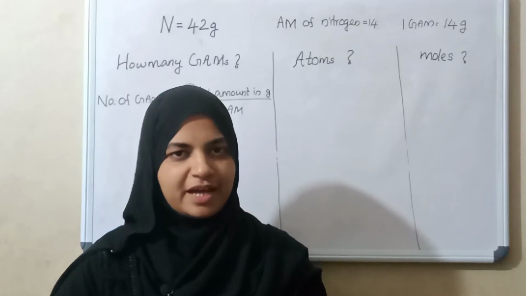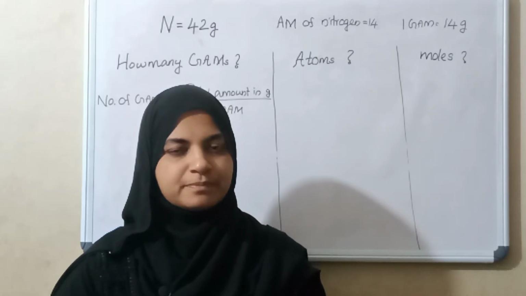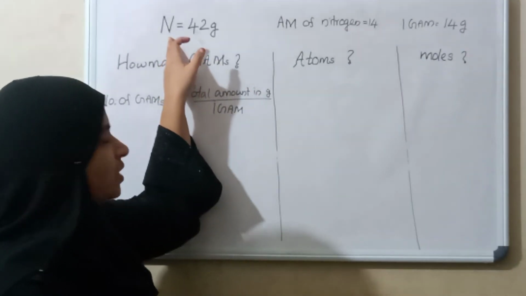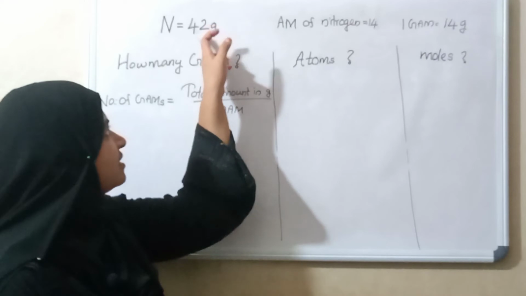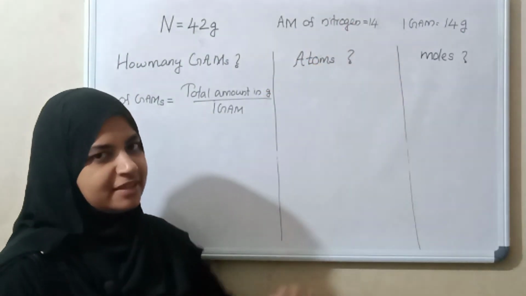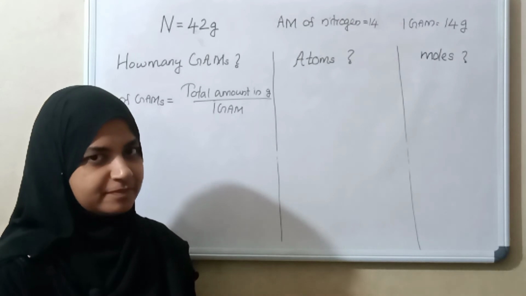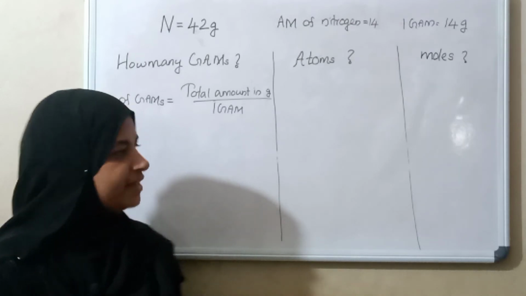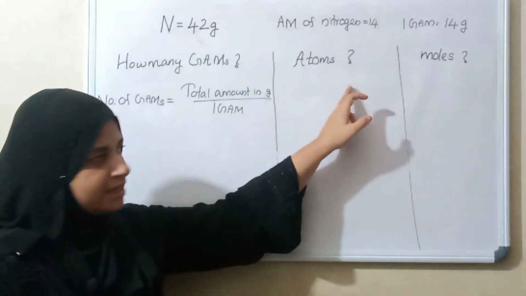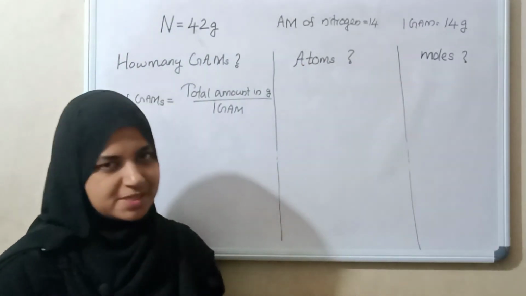When analyzing this problem, the given factors are the total amount of nitrogen, that is 42 gram, then the atomic mass of nitrogen, that is 14. We want to find how many GAMs, how many atoms and how many moles.